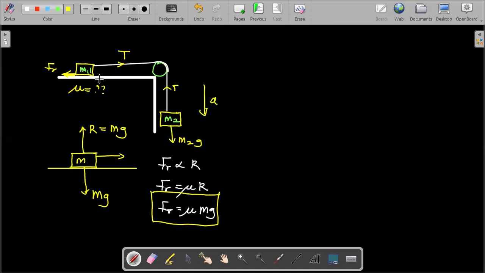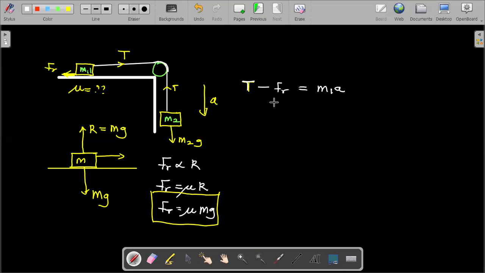Okay, for this object on the table to move in this direction, it implies that the T1, our tension, minus the frictional force is going to be the force with which this object is going to move, which will be equal to M1 multiplied by its acceleration.